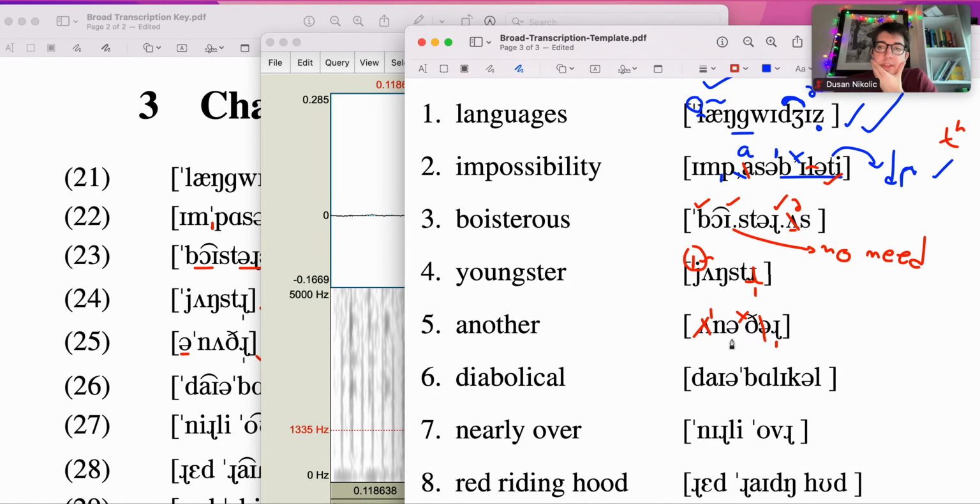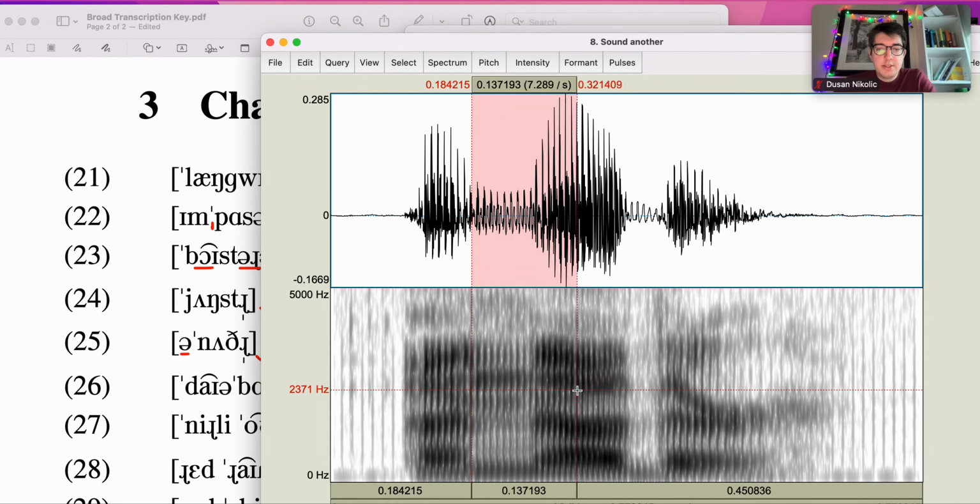There is also another here. Okay, I'm okay with this schwa, but definitely a wedge would be a better option in this case. Listen to it.